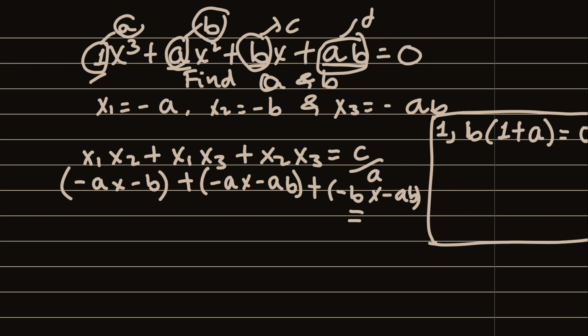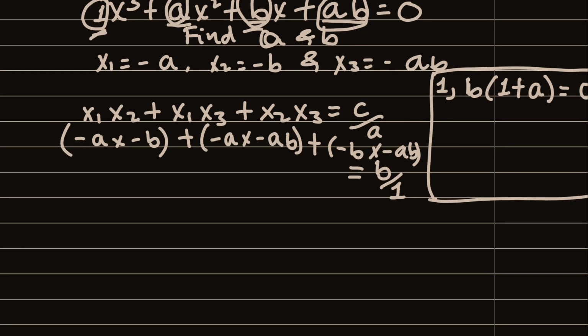C over A means b over 1. So when we simplify, minus a times minus b, minus times minus is positive, so ab.